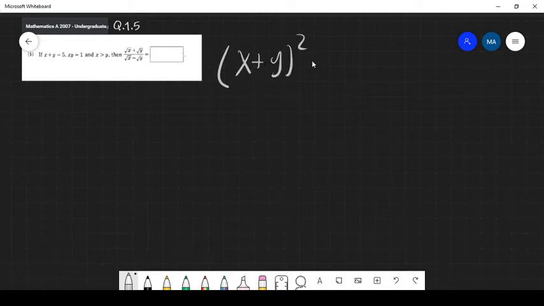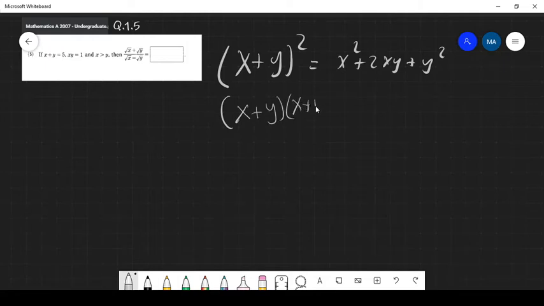This subject is equal to x squared plus 2xy plus y squared, for example. If you don't know this formula, it's one of the first formulas. I think it's the first that you will see once you google this subject, but you can find it this way. You can multiply it like this, right?